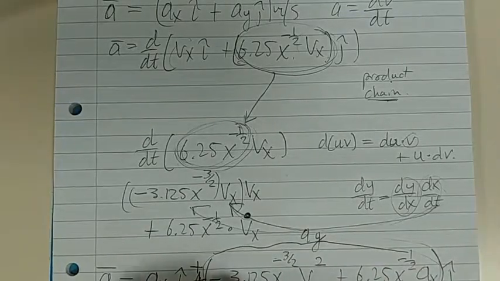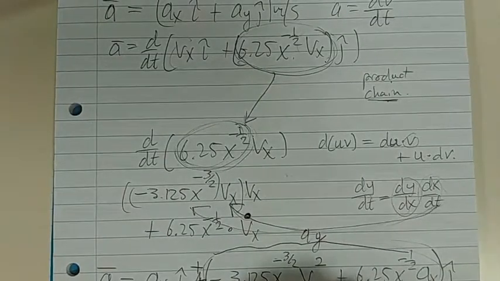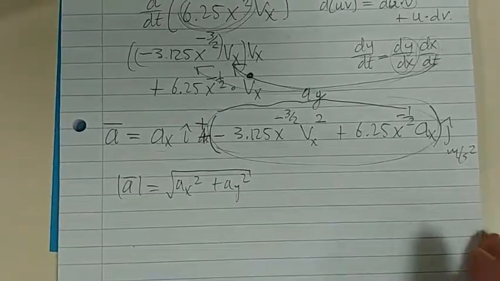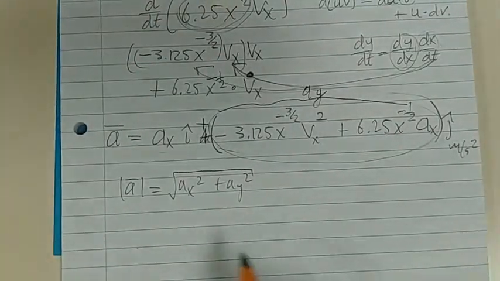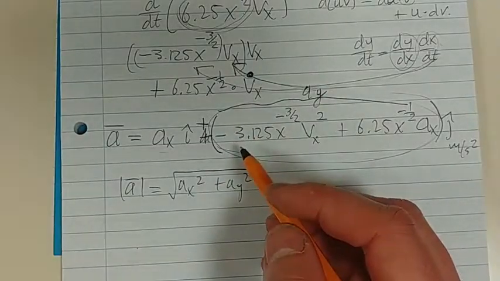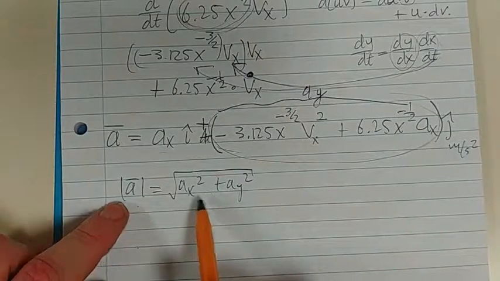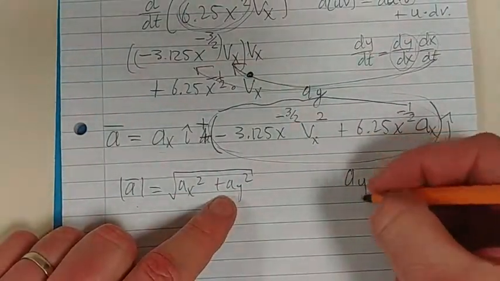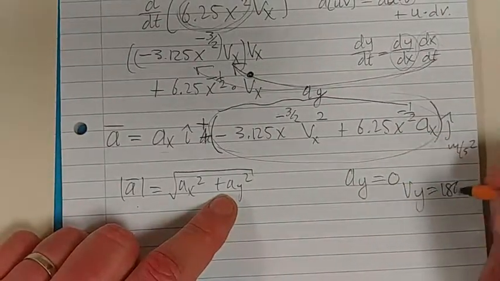So now the magnitude of a, again, is the square root of ax squared plus ay squared. Okay, again, how are we going to solve this? We want to find the magnitude of acceleration. We don't know what ax is. What's ay? We know ay should be 0 because vy was 180 meters per second.